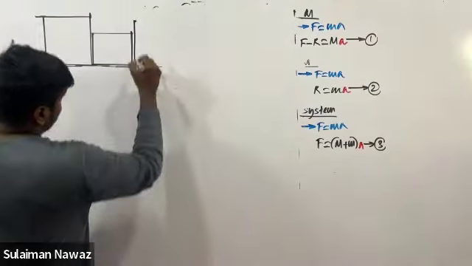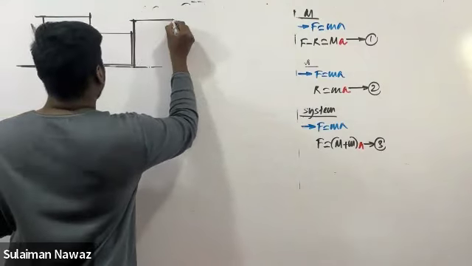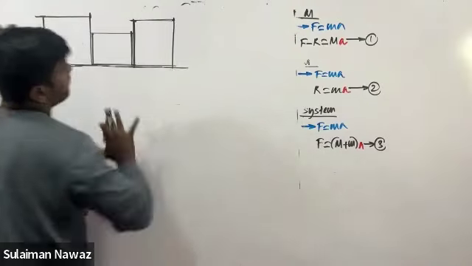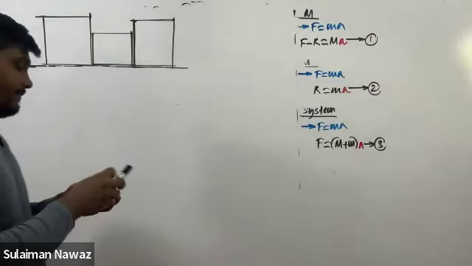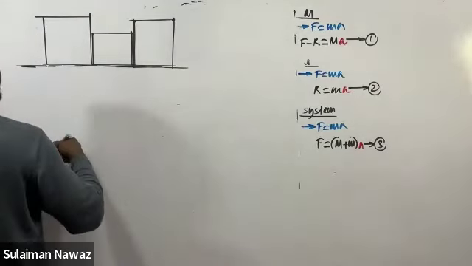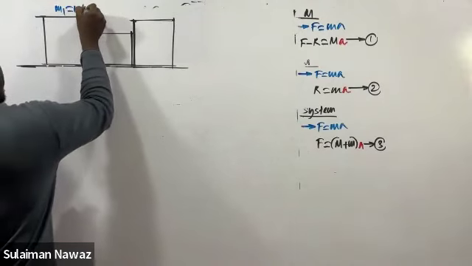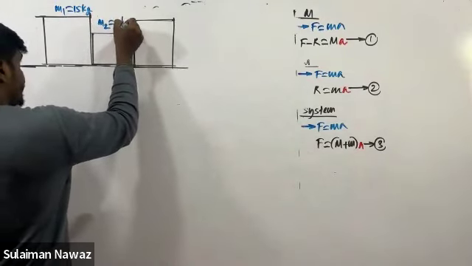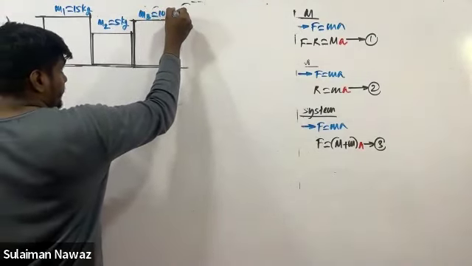The masses are 15, 10 and 5. Let's say this mass is M1, 15 kilograms. This is M2, 5 kilograms. M3, 10 kilograms.